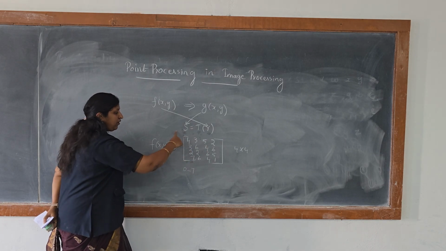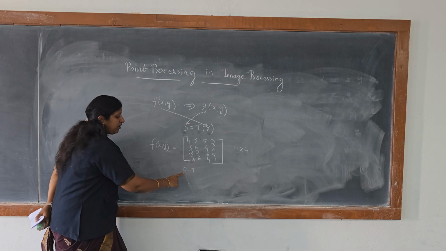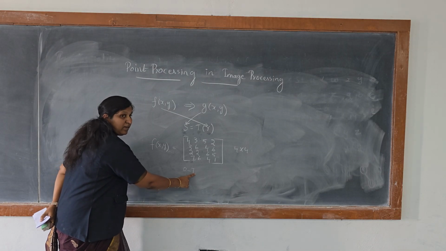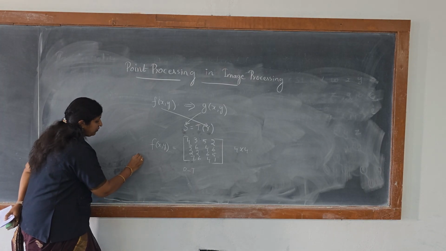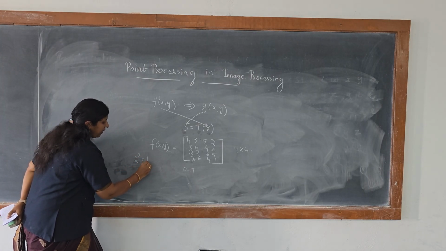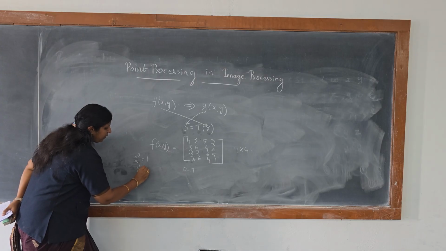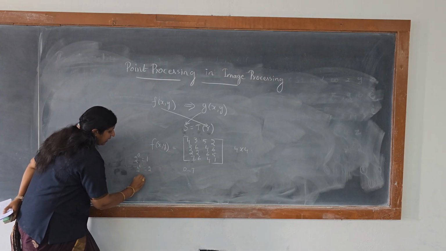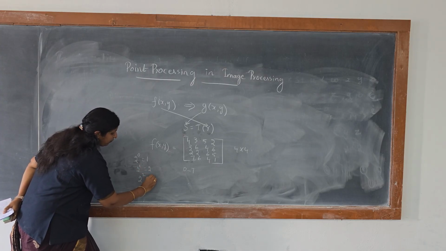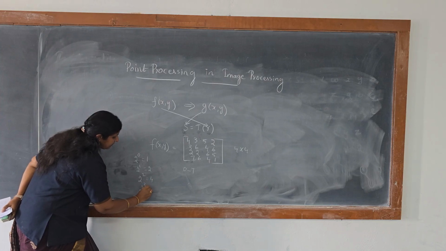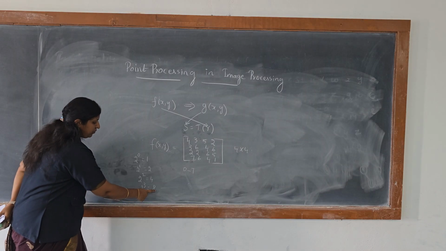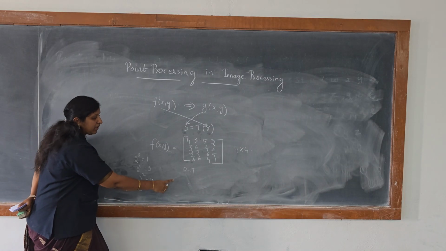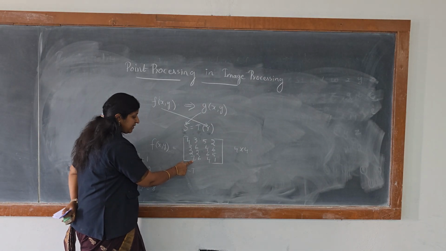Now we can write these in powers of 2. 2 power 0 equals 1. Then 2 power 1 is 2, and 2 power 2 is 4. 2 power 3 is 8. We can stop at 2 power 3 equal to 8 because the maximum value here is 7.